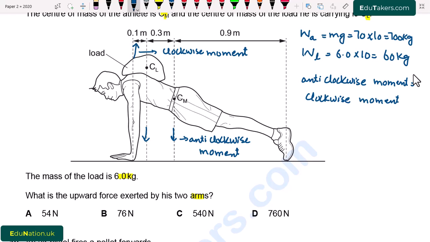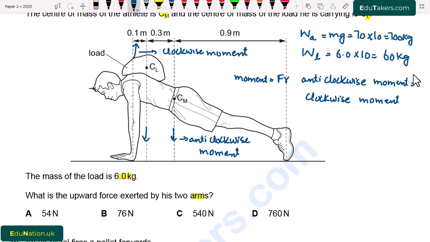As the anti-clockwise moment is caused by the load and weight, first of all, for the weight, I write here, actually moment is equal to force multiplied by the perpendicular distance. So in this case, weight is equal to force.